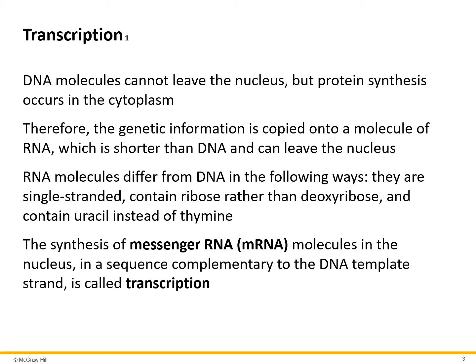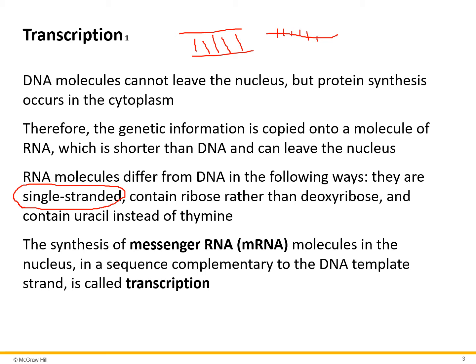RNA molecules differ from DNA molecules in a couple of ways. One, the main one, is that they are single-stranded. They're not going to have the two sides that bind together back and forth. RNA is single-stranded, and you'll see it has the bases on one side.